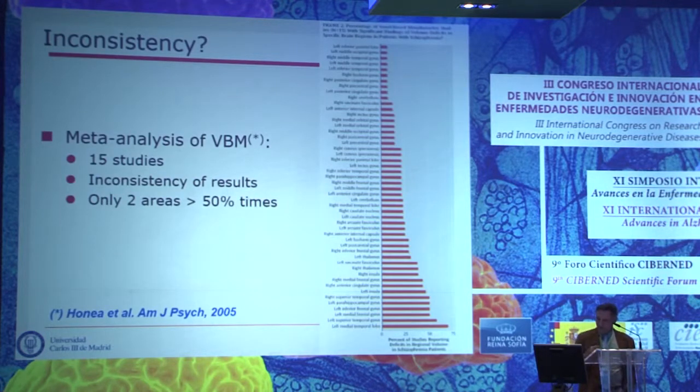And after this meta-analysis of 15 studies, you can see that there are many areas which were reported in less than, let's say, 10% of the studies, and only about 2 regions were consistently reported in more than 50% of the studies. So this is a lot of inconsistency.